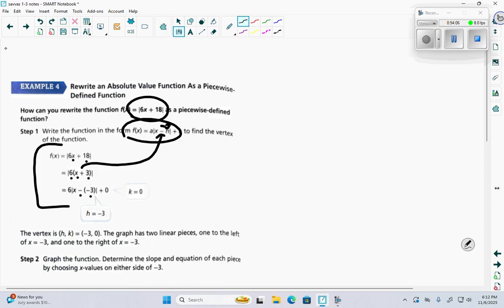So that would mean that the vertex that I'm looking at, my h and my k, right? We learned that h, k, which was from our last section, is your vertex. So -3, 0. So the graph has 2 linear pieces, one to the left of x being equal to -3, which is the vertex, because we're talking about an absolute value. An absolute value is a vertex with an x.